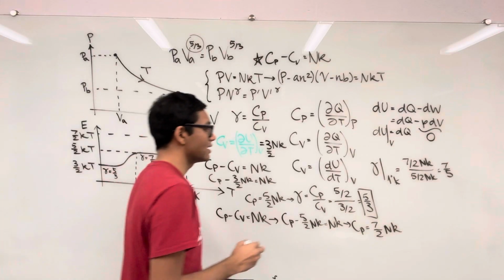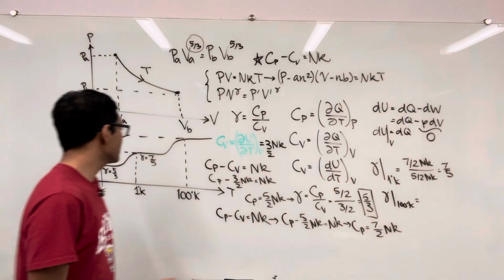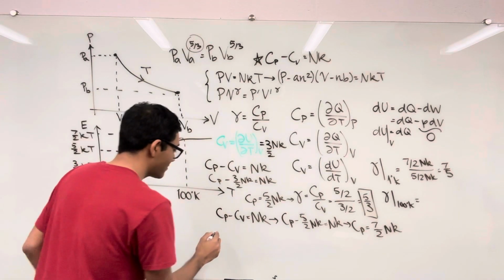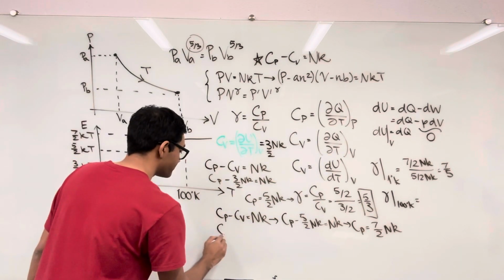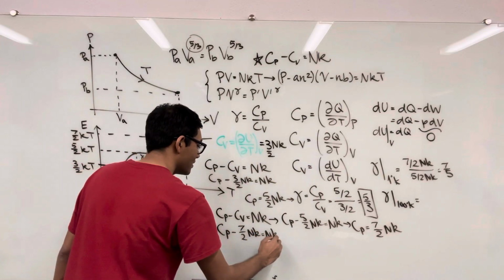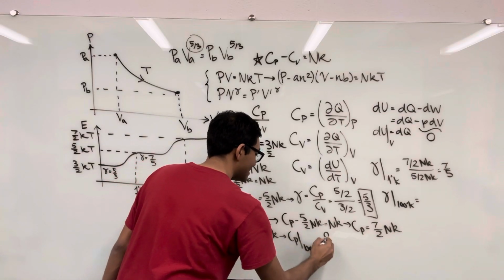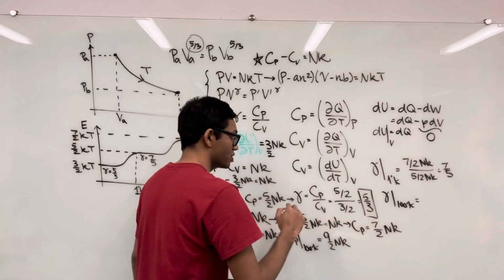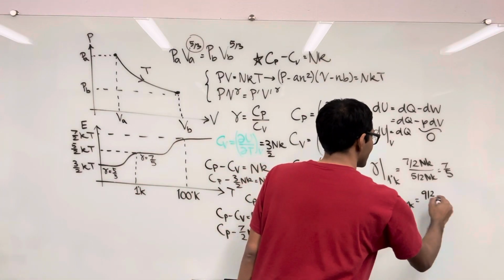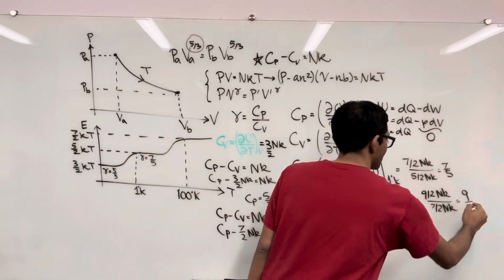And finally, at the highest temperature, at about 100 degrees Kelvin, the energy of the ideal gas is 7/2 kT. So that means if I simply use this formula again, Cp minus 7/2 Nk is Nk, gives me that Cp at about 100 degrees Kelvin is 9/2 Nk, which, plugging into my gamma heat capacity constant formula, gives me 9/2 Nk divided by 7/2 Nk is equal to 9/7.